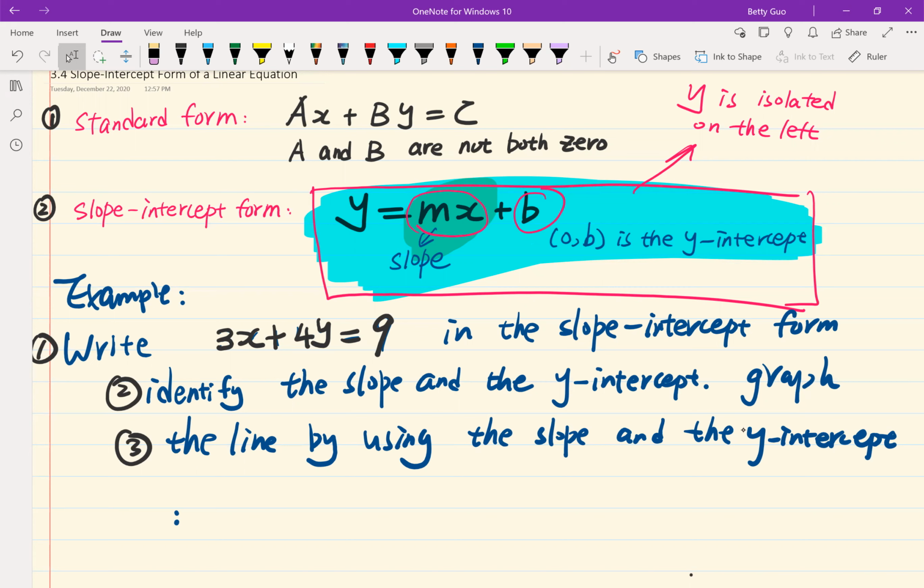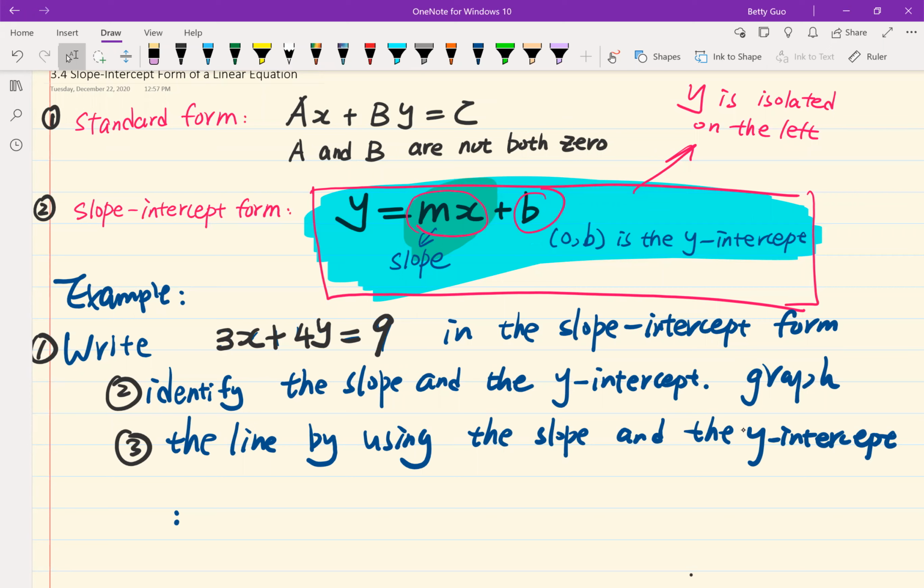An important feature of this formula is that on the left we have the variable y isolated. What does the slope-intercept form of a straight line look like? The left-hand side of the equation is y, only y. y is isolated on the left, right?